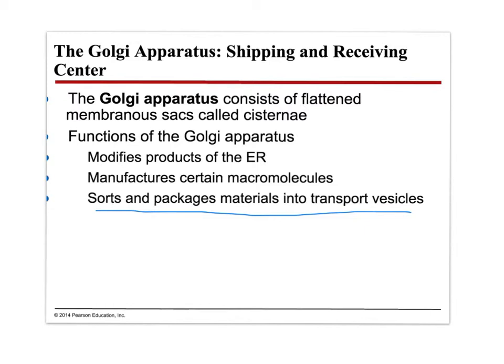Using proteins as an example, the two places where proteins can be made is in the cytoplasm on cytosolic ribosomes, and in the rough ER on membrane-bound ribosomes. 90% or 95% of cytosolic proteins that are going to be found in the cytosol are made on cytosolic ribosomes.